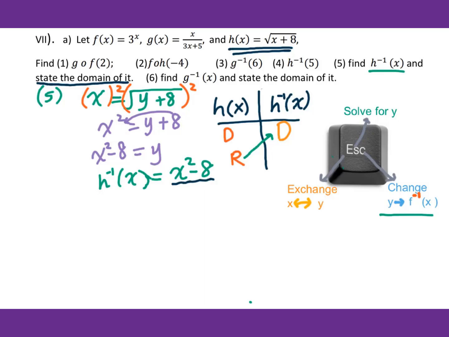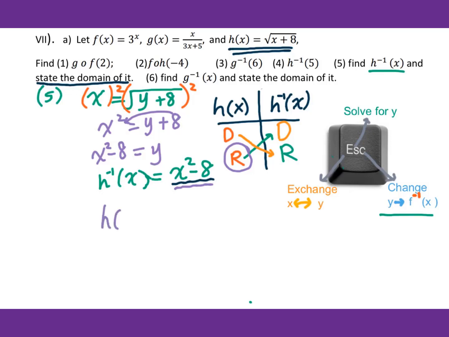And domain of the original function will be the range of the inverse function. Therefore, we need to figure out the range of the original function. Then we can get the domain of this inverse function. It cannot be all real numbers.